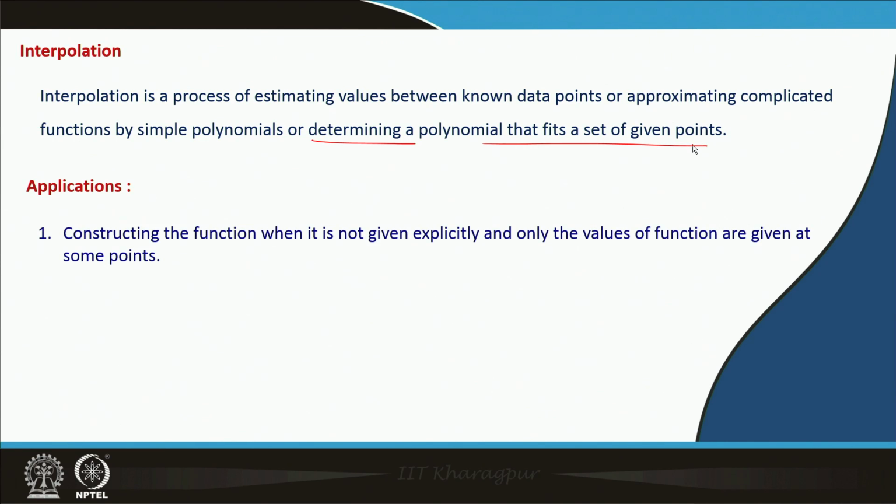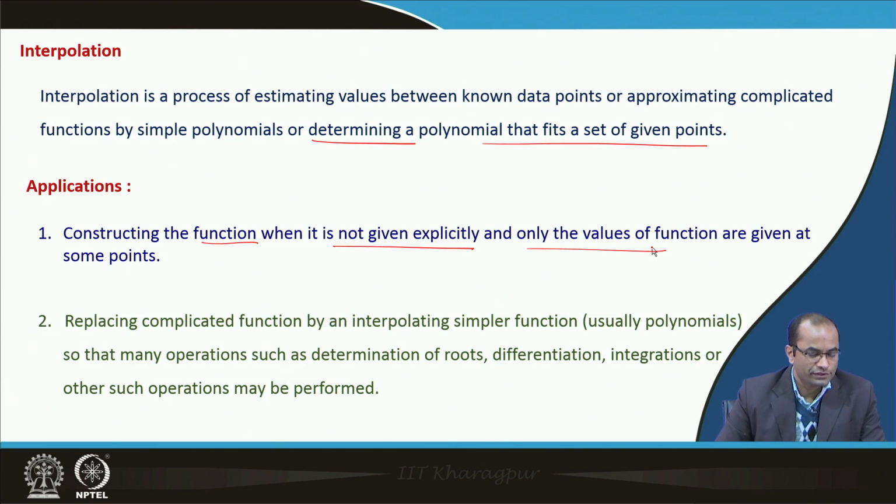The applications are like constructing the function when it is not given explicitly and only the values of the function are given. So, we will construct a polynomial which passes through or fits the given data points. That is one of the major applications of interpolation.